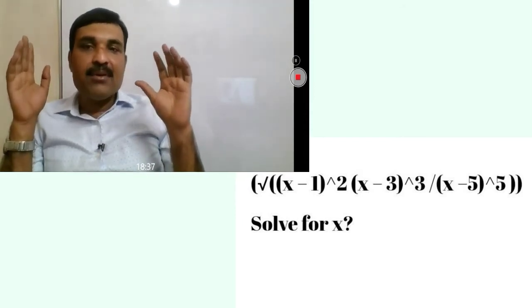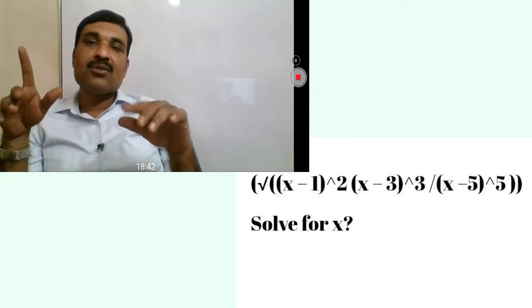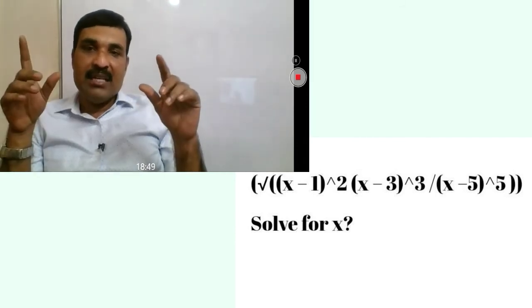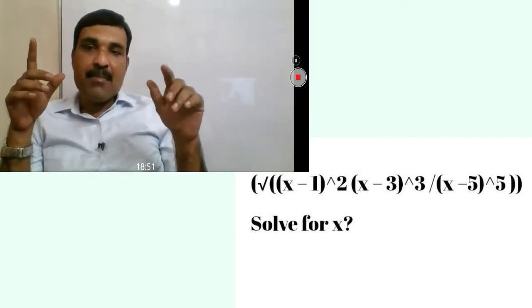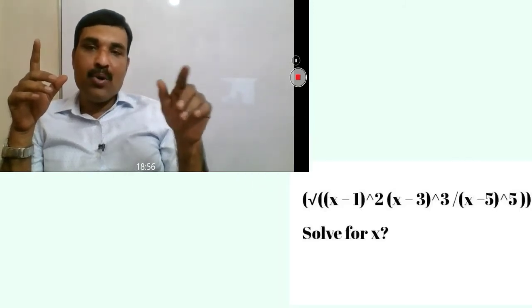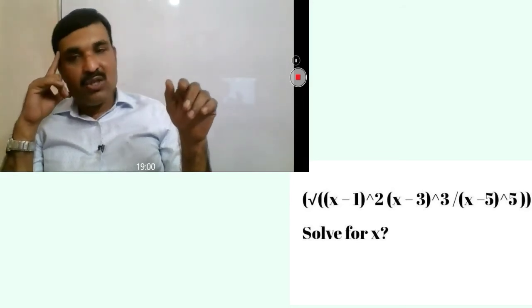So we can impose a condition: the term inside the square root should be greater than or equal to 0. Here the function inside the square root is x minus 1 the whole square multiplied by x minus 3 the whole cube, whole divided by x minus 5 the whole raised to 5.